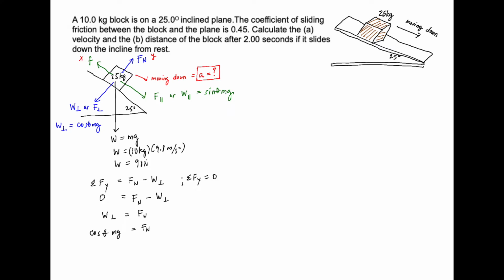Direct substitution: cosine of 25 degrees multiplied by 10 kilograms multiplied by 9.8 meters per second squared. Therefore the normal force, if we press it in the calculator, is 88.82 newtons.